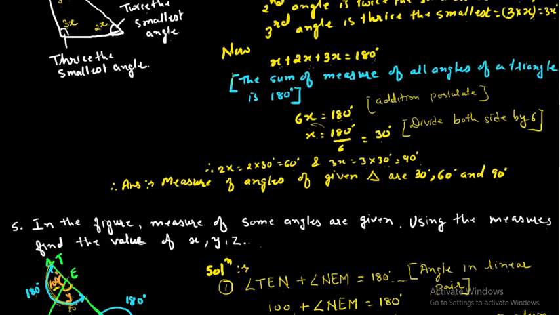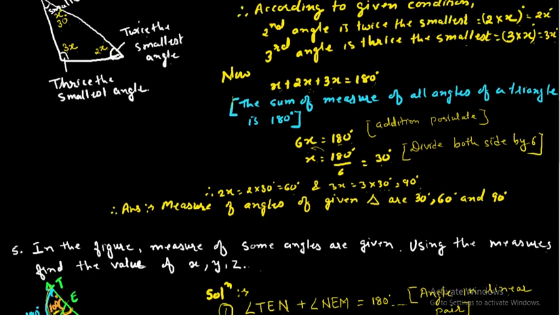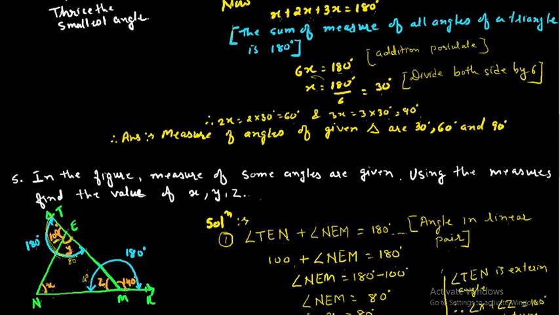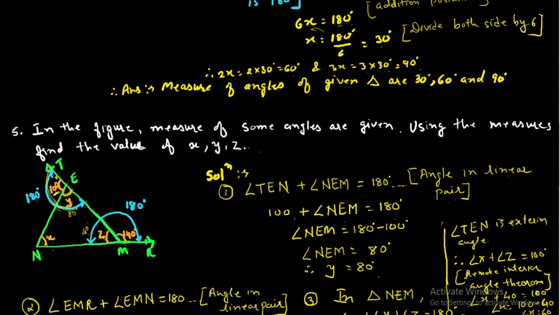Now we will see the third. In the figure, measures of some angles are given. Using the measures, find the value of x, y and z. Now just see the diagram.